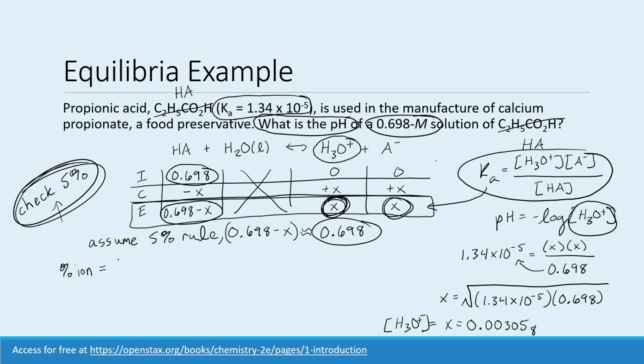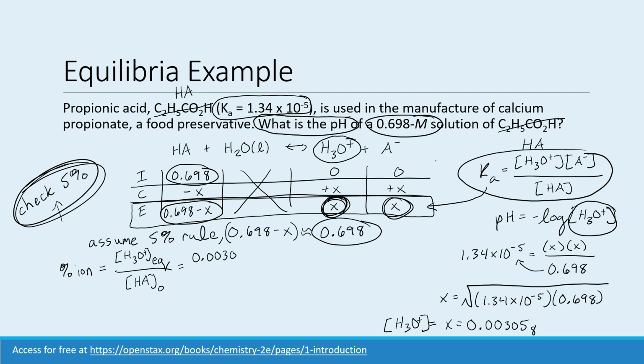So percent ionization, remember, is equal to your concentration of the hydronium ion at equilibrium divided by the original concentration of that weak acid, and then of course multiplied times 100%. Plugging that in, the X gives us our hydronium ion concentration, which is why we had to calculate it.